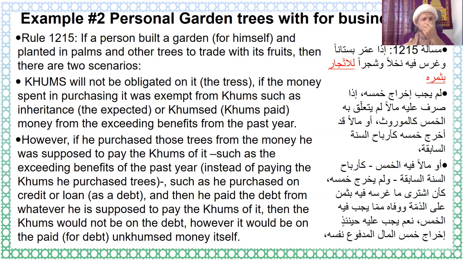Many students say, Maulana, Sheikhna, you said that if I have my garden, if I increase anything in it, then I pay the khums of it at the end of the year. Okay, if I'm going to sell it, yes, but here you are not going to sell it. Here it is your business. If you are able to sell it and you did not sell it, then you have to pay the khums of it.